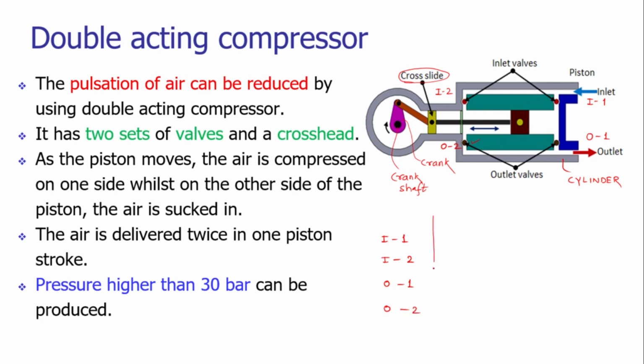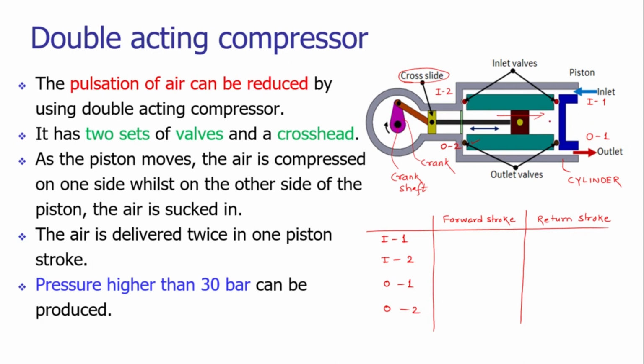Suppose we are having the forward stroke and we are also having a return stroke. When the piston is moving from left to right toward this direction, that we call the forward stroke. Pressurized fluid will come out from the outlet valve 1.